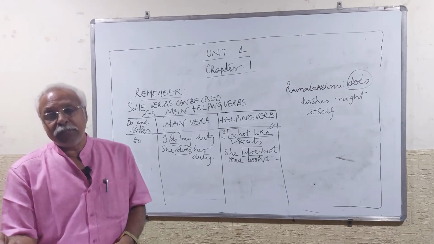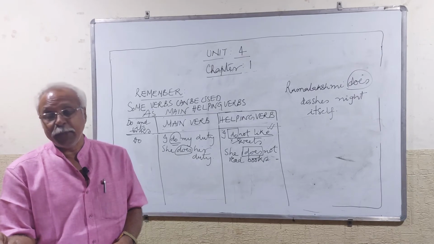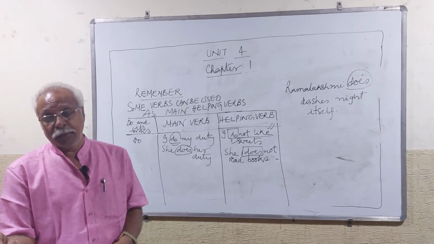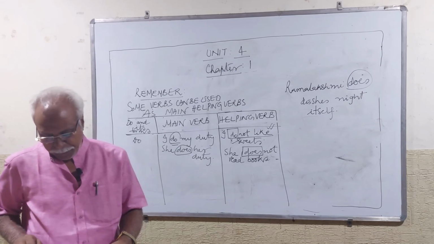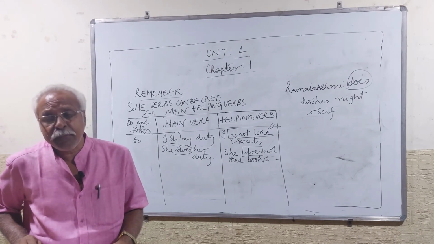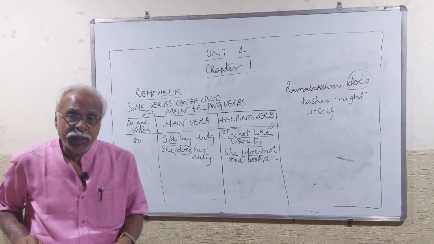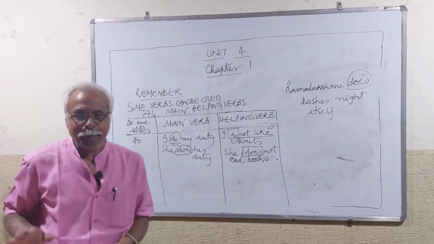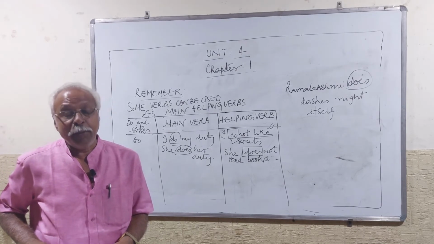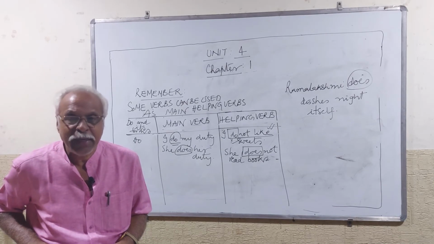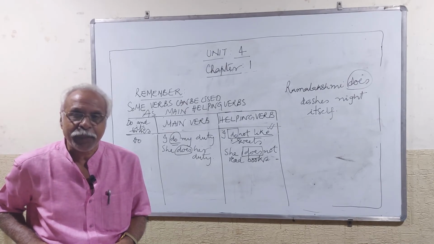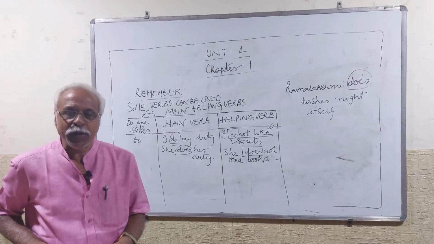To talk about certain habits. The habits may be bad as well as good. Suppose I say, my brother does a lot of smoking. My brother does a lot of smoking means, what does it mean actually? What's the meaning of this sentence? He is a heavy smoker.